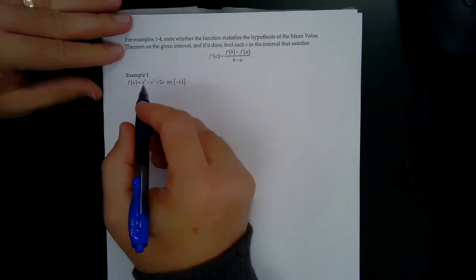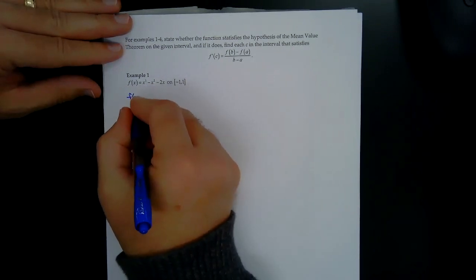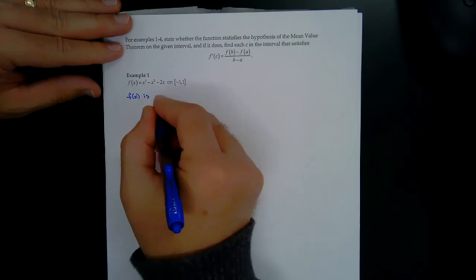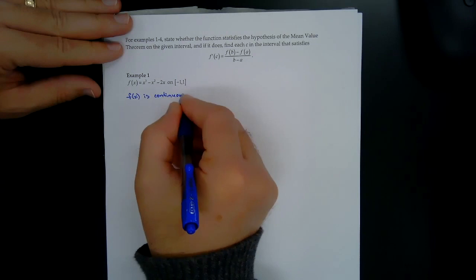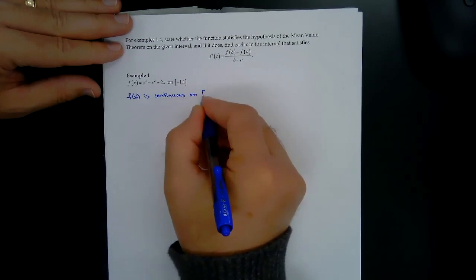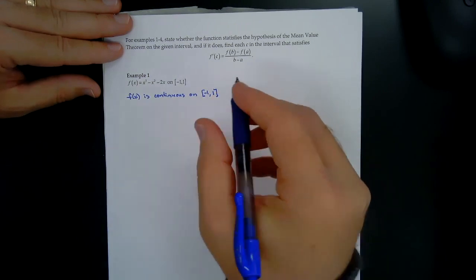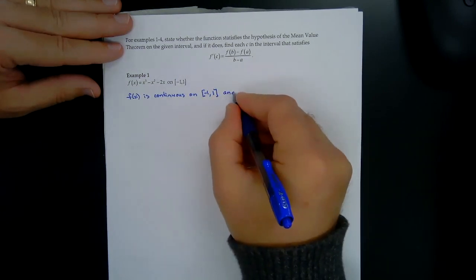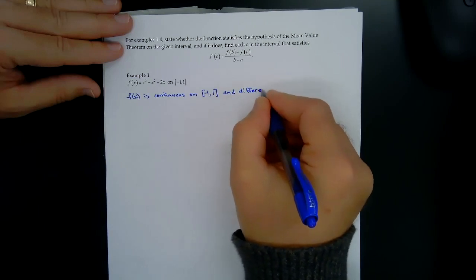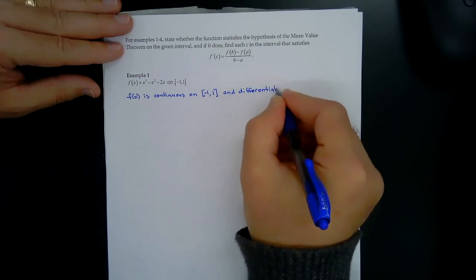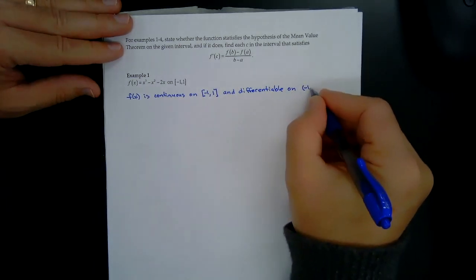So because this is a polynomial, we know that f of x is continuous on the closed interval, and we need to state this because we need it to be able to say what we're going to say next. And it needs to be differentiable on the open interval -1 to 1.